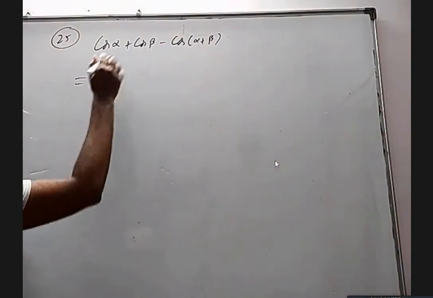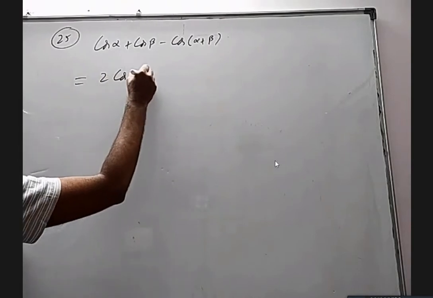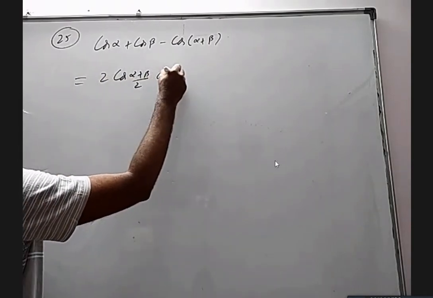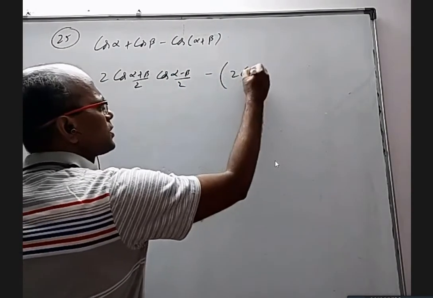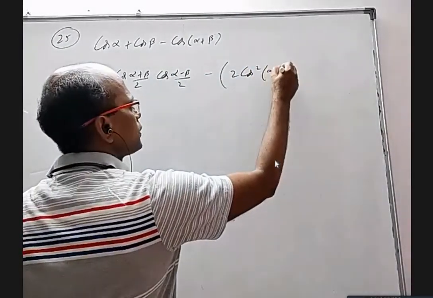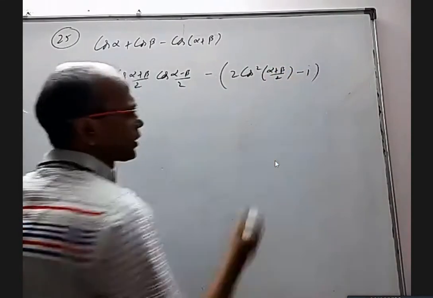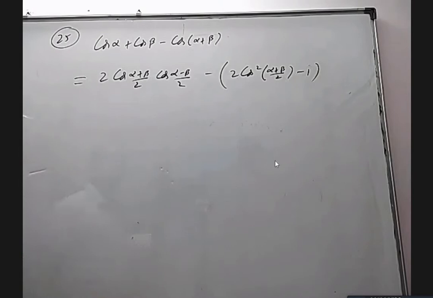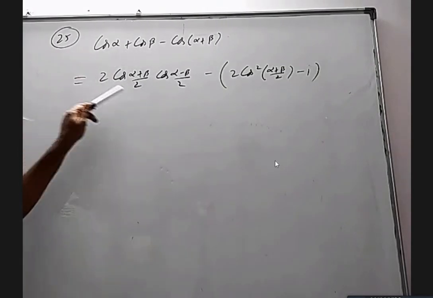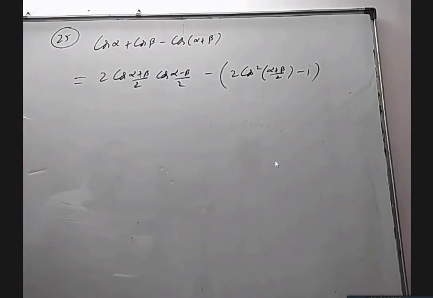When I apply transformations here, this is 2 cos (alpha plus beta)/2 cos (alpha minus beta)/2, and this is 2 cos square (alpha plus beta)/2 minus 1. The cos 2 theta formula is 2 cos square theta minus 1, and cos C plus cos D is 2 cos (C plus D)/2 cos (C minus D)/2.